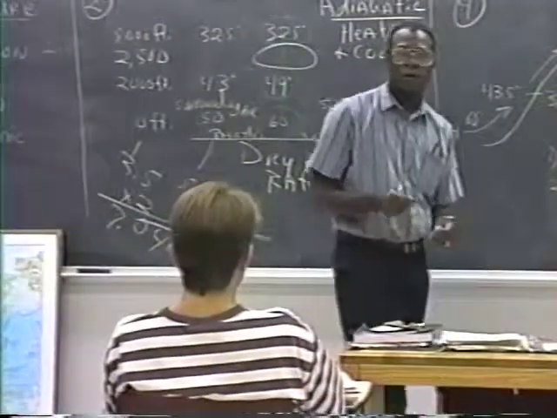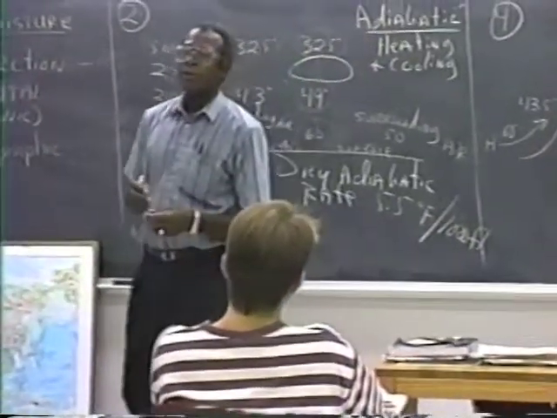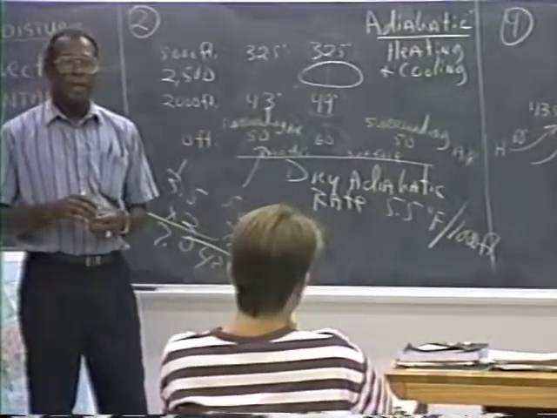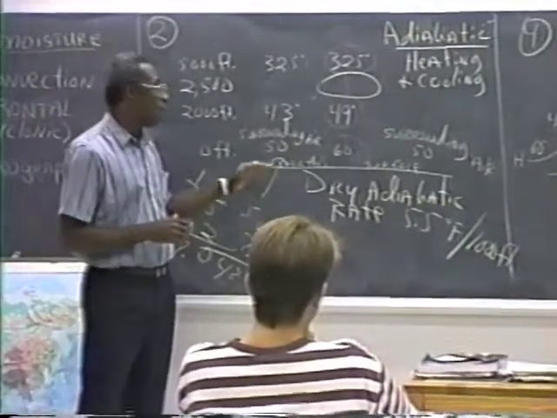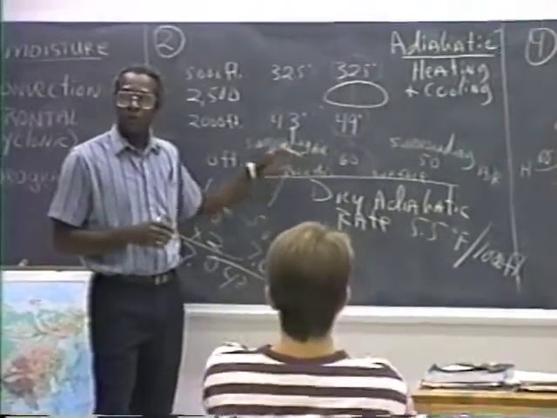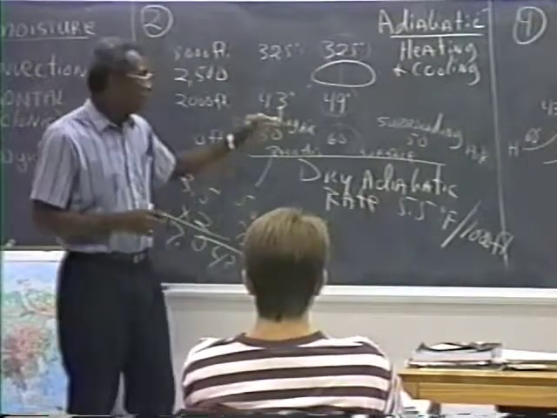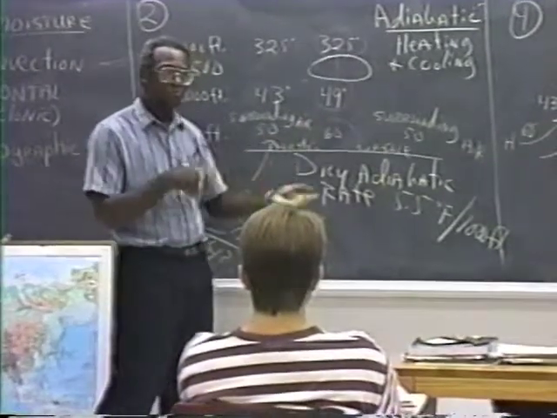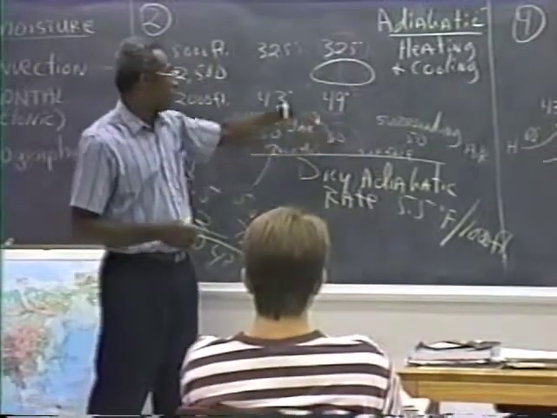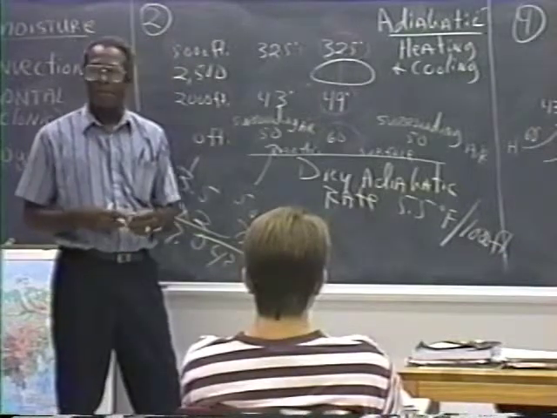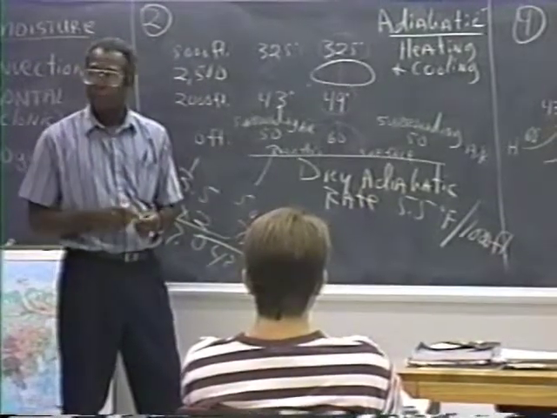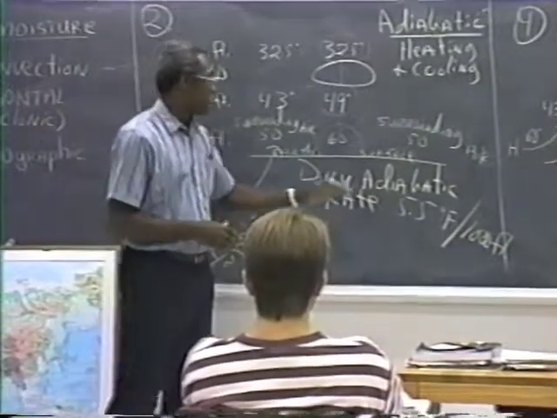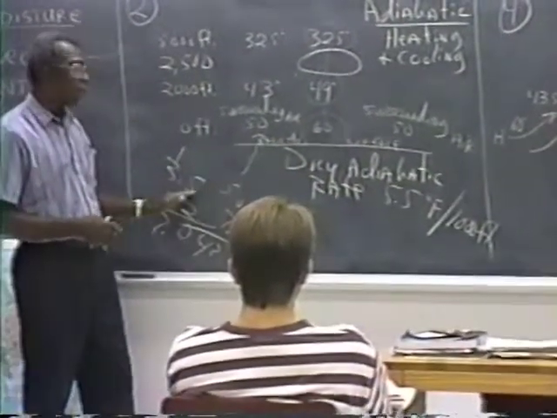So are there any questions as far as the difference between stable surrounding air that does not rise and which we use the normal lapse rate to figure out temperatures at various elevations, and the heated air, which has been heated as a result of some factor, and as a result it rises up and cools off at the adiabatic rate, which is 5.5 degrees Fahrenheit per 1,000 feet. The computations are the same between the dry adiabatic rate and the normal lapse rate.